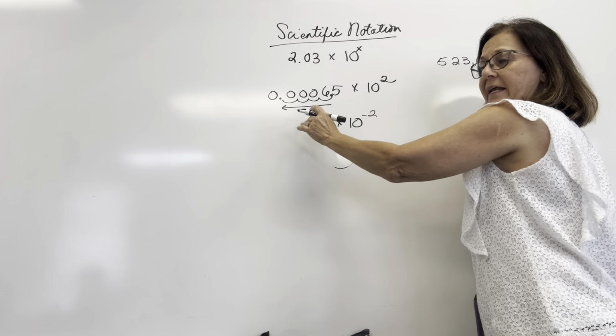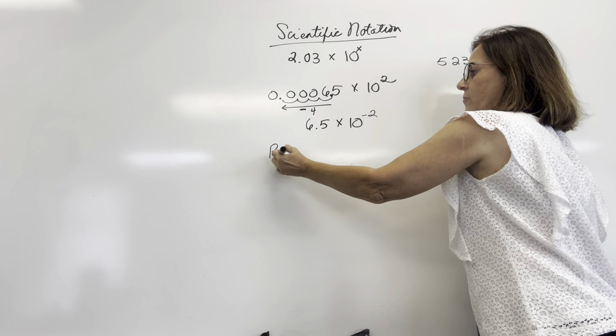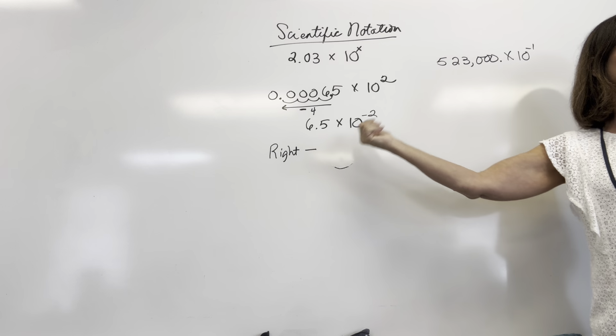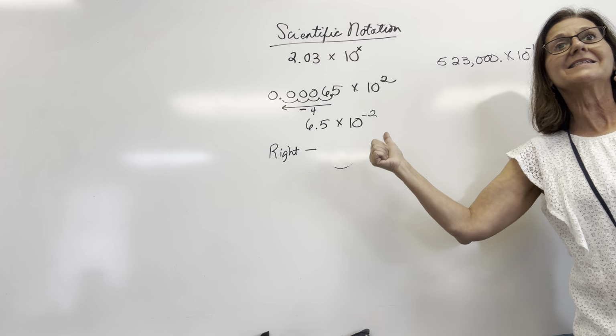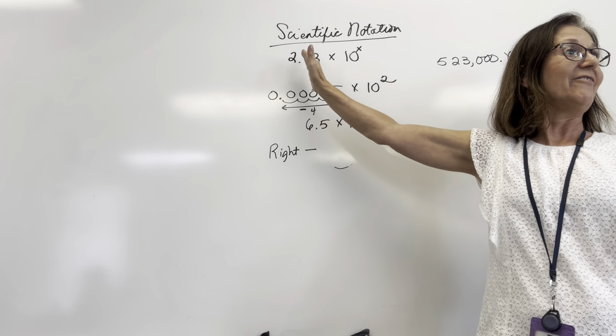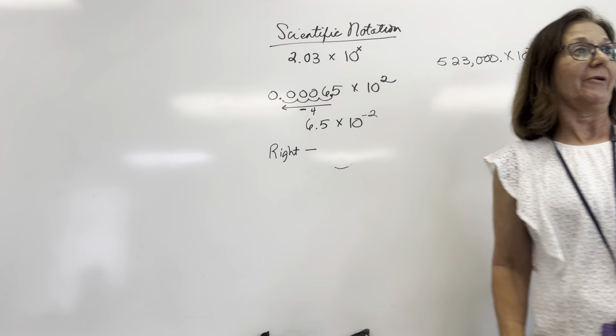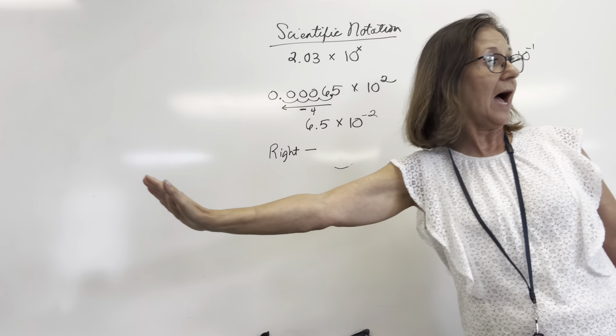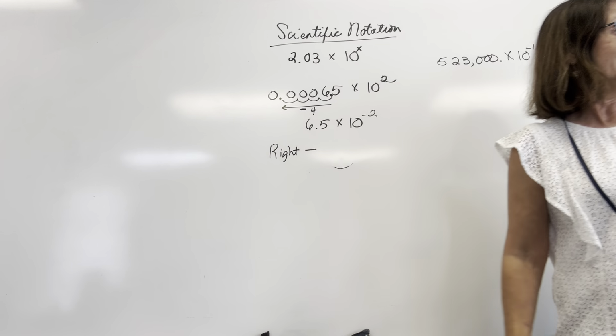Right is negative. No! Right is negative. When you move it right, it's a negative number, because we have to move it back on the number line towards the negative area.